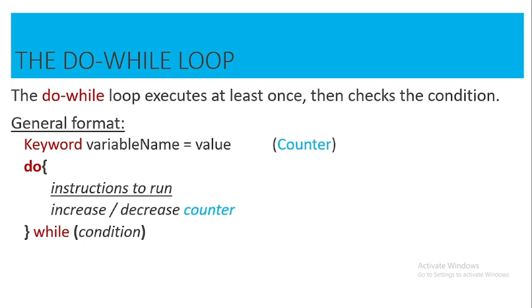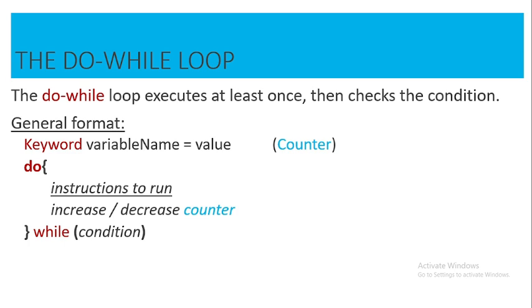Now you check the condition. After that comes the while keyword, then we put the condition inside parentheses. So the do while loop also has the format: keyword, variable name equal value, that's the counter. Then the do keyword, then the curly bracket with the instructions to run, then the counter update, where you increase or decrease the counter.